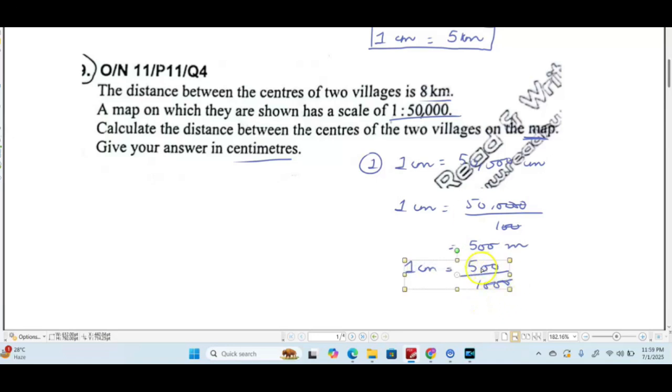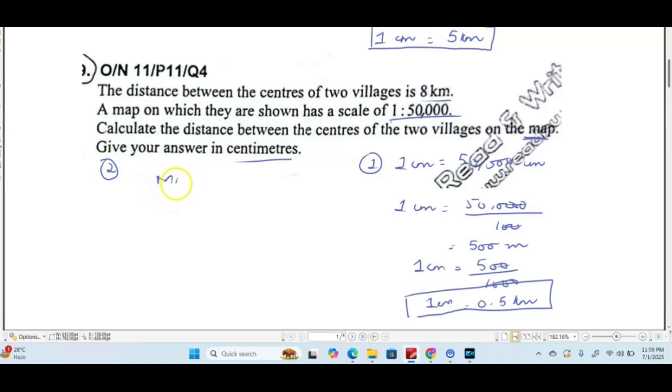So cutting these would give us 0.5 kilometers. So we've established that 1 centimeter on the map is equal to 0.5 kilometers in reality. So step 2, map versus actual.